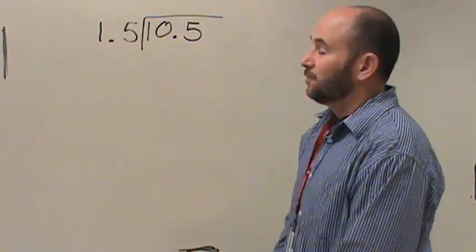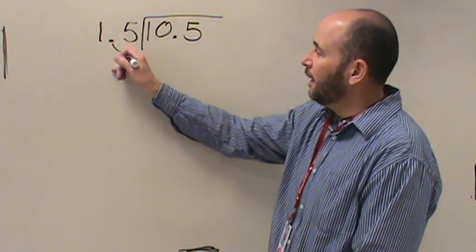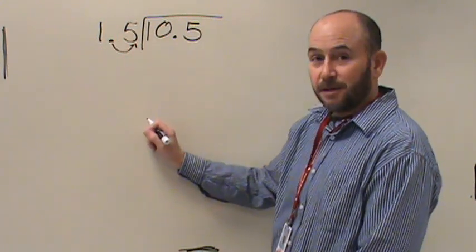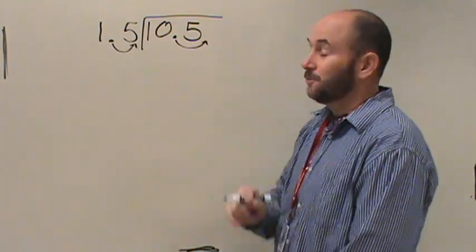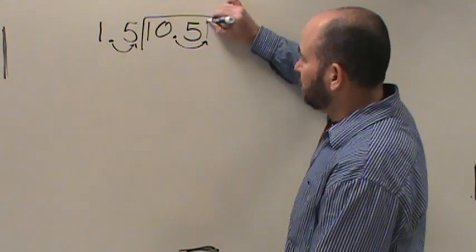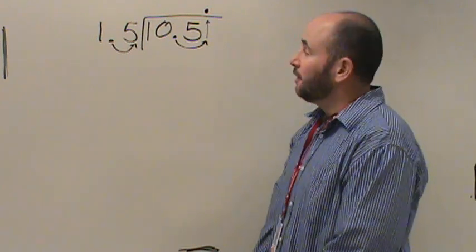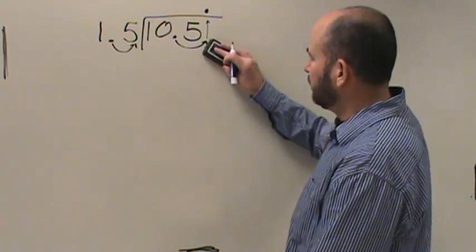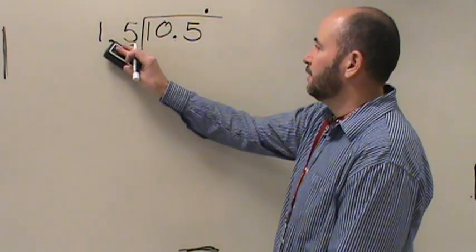Now I have to bring my decimal point over one place to make that a whole number. So check and make sure you did that. Then it has to go straight up into the quotient like that, and then you're ready to divide. Now I'm going to erase all those arrows because that can sometimes get confusing.